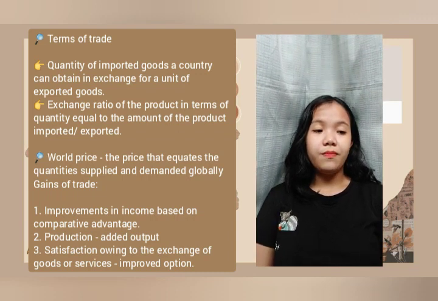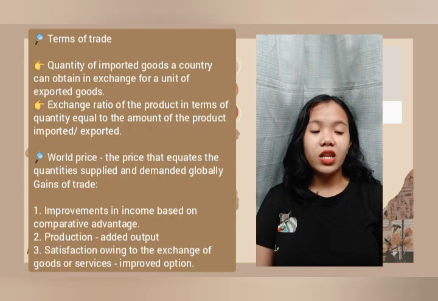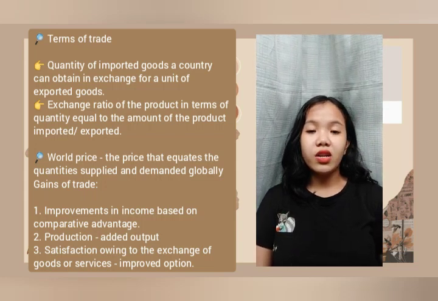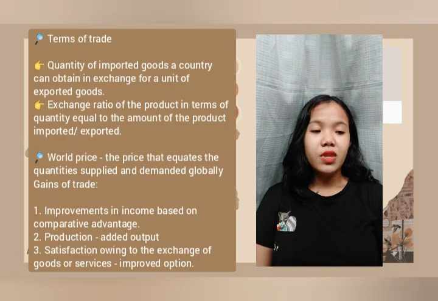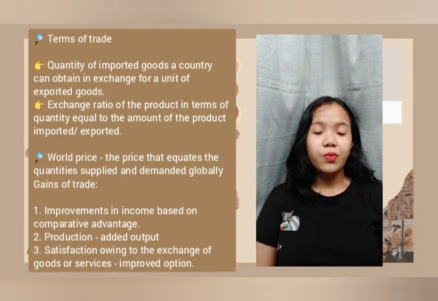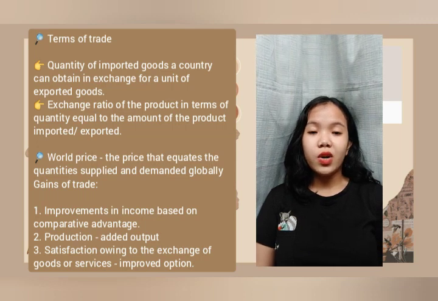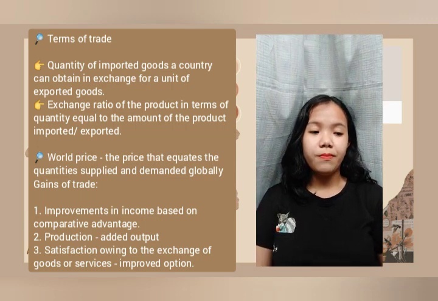Terms of trade: the quantity of imported goods a country can obtain in exchange for a unit of exported goods. It is the exchange ratio of the product in terms of the quantity equal to the amount of the product imported or exported.